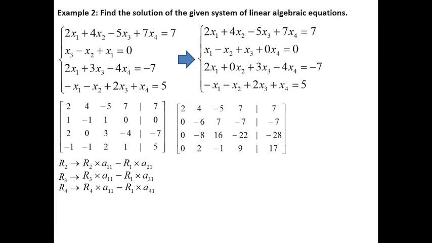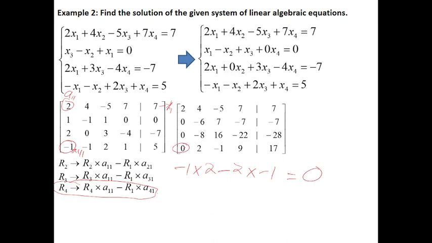Tapos, yung last, ito. So, anong reference ulit? A11 at saka R1. So, meron tayong negative 1 times 2 minus 2 times negative 1. Diba? Ito yung A41. Kasi A11, A41. So, 0 yan.